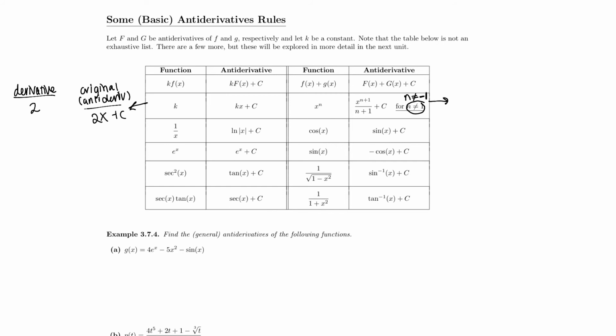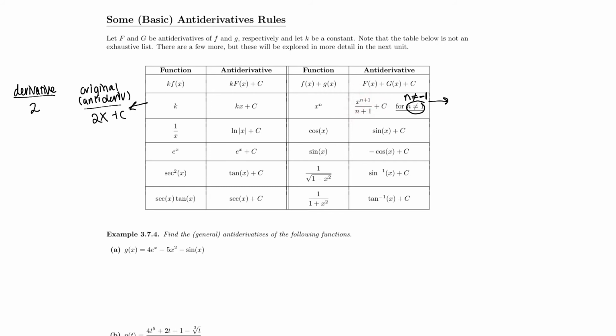The reason that it doesn't work for -1 is that -1 is this case right here. It's the only case where it doesn't work. If n is equal to -1, then it's ln absolute value x. So do make sure to circle that.